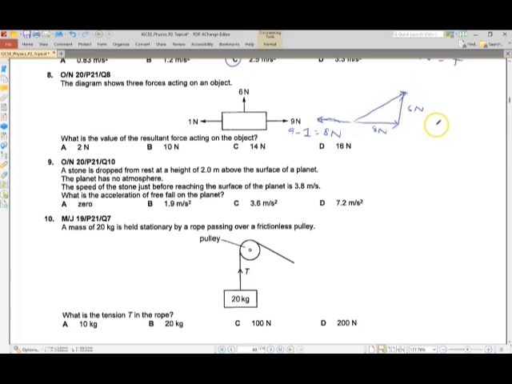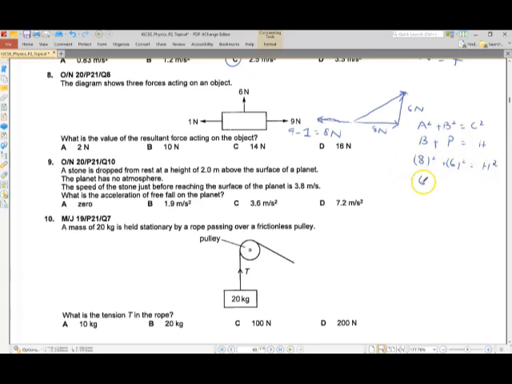Okay, so we can use the Pythagoras theorem for this. Which is a square plus b square is equal to c square, where a is the base, b is the perpendicular, and c is the hypotenuse. Okay, so our base is 8 square plus perpendicular is 6 square, and this is hypotenuse square.